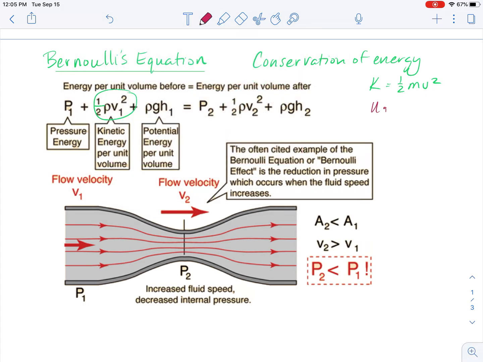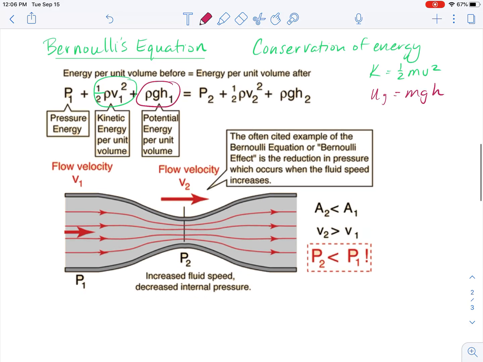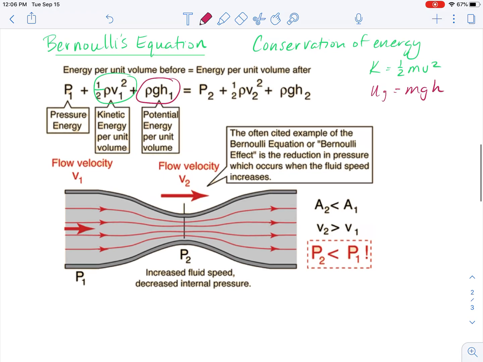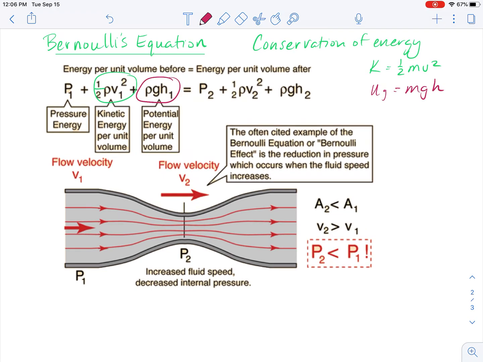And then gravitational potential energy looked like mgh. And now we're looking at potential energy per unit volume, which is rho gh. So you can see how those correspond. And what we know is that energy must be conserved. So the total energy at one spot must equal the total energy at another.